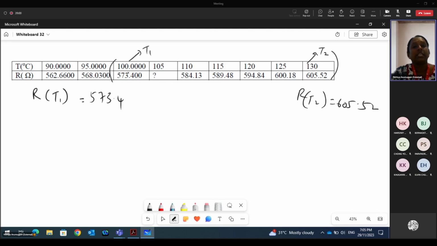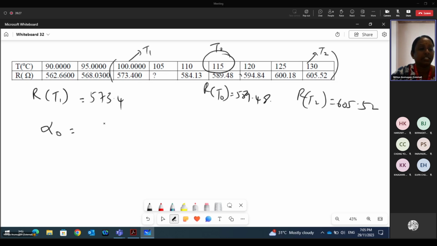Let's say we are talking about this range, so let's assume 115 as the T naught. The RT naught is 589.48.